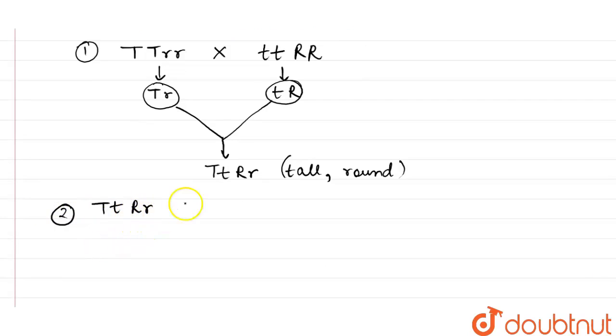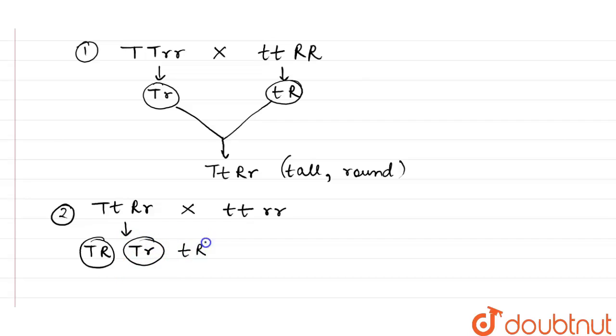So the gametes that we will have here will be tall and round as one gamete, tall and wrinkled as one gamete, dwarf and round as one gamete, and dwarf and wrinkled as another. And from the other parent we will have only dwarf and wrinkled.